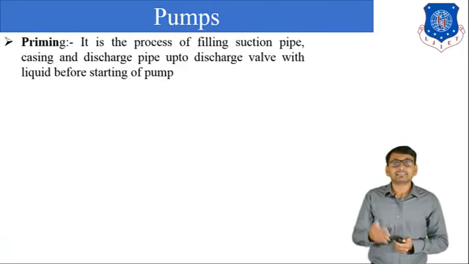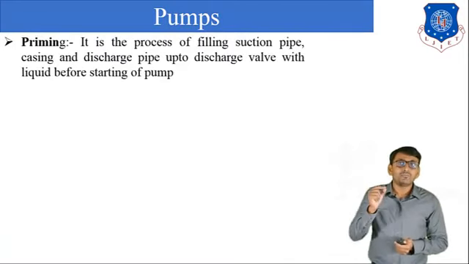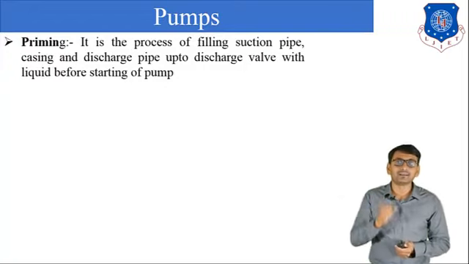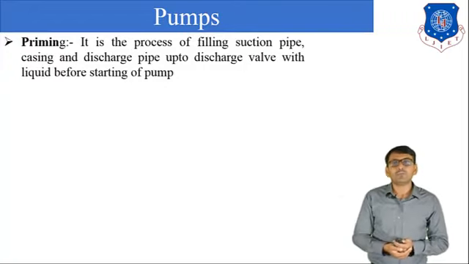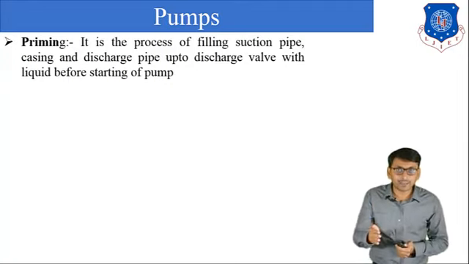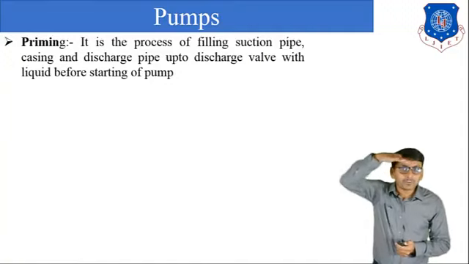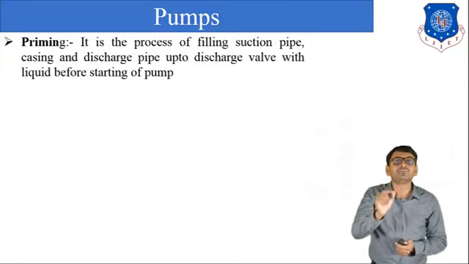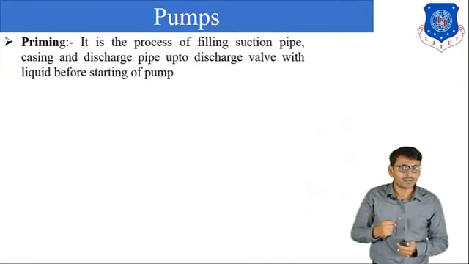Now in a centrifugal pump, first, and most important, what do you mean by priming? So before starting the pump, the suction pipe, casing and discharge pipe up to the discharge valve are filled with water or liquid.